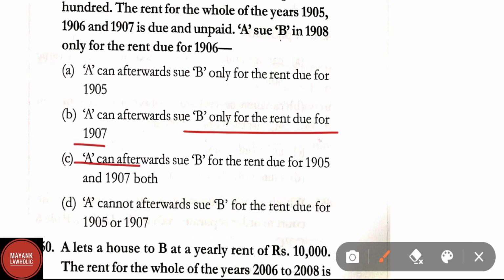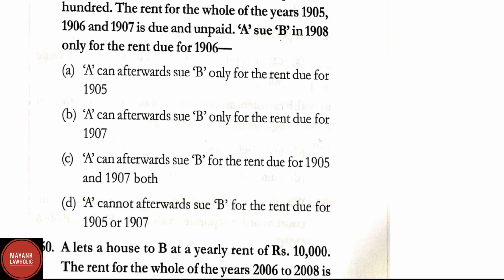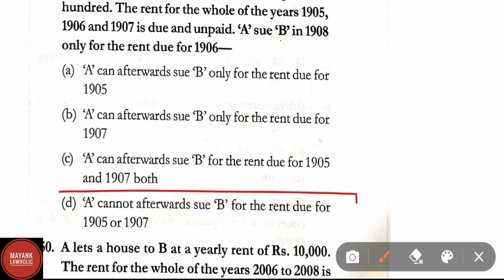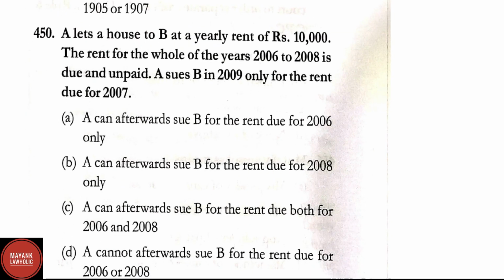Option C, A can afterwards sue B for the rent due for 1905 and 1907 both. And option D, A cannot afterwards sue B for the rent due for 1905 or 1907. Here the correct answer is option D only, that is A cannot sue afterwards B for the rent due for 1905 or 1907.